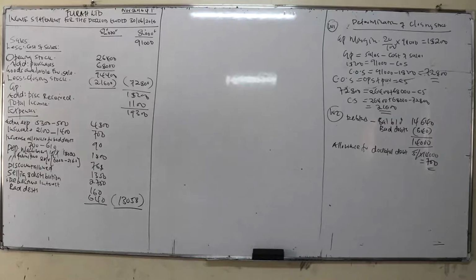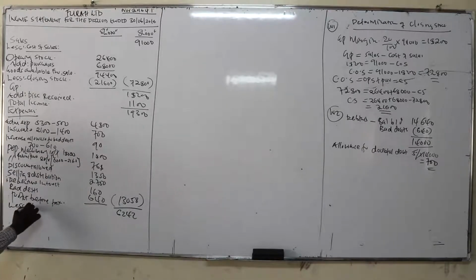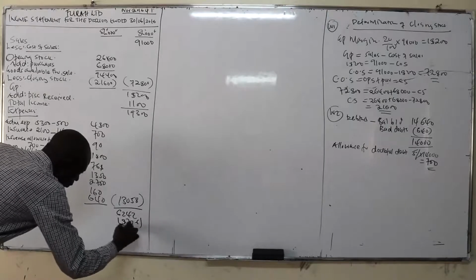Profit before tax, which is how much? $19,300 minus 13,058. How much is that? 62. And then we less tax. Tax at 30%. 30% of that one is how much? 1872.6.